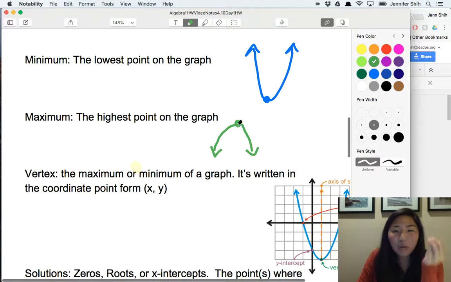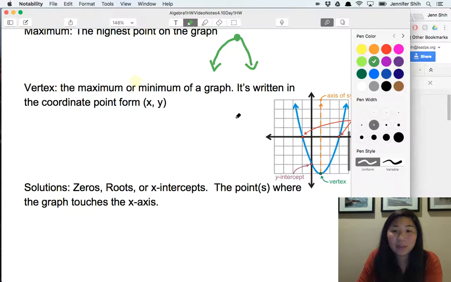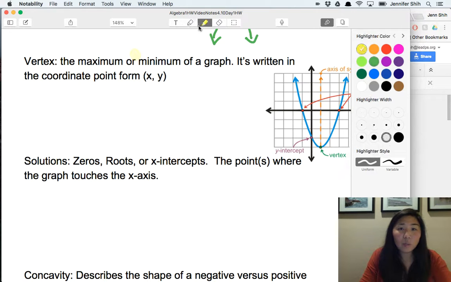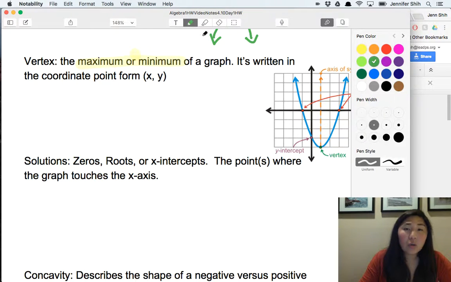Now, these points are very special points, and they even have a name. It's called a vertex. So a vertex is the maximum or minimum of a graph. It's written in the coordinate form x, y. When I ask you to identify the vertex, in order to do that, you have to be able to give me a coordinate, an x, y coordinate.